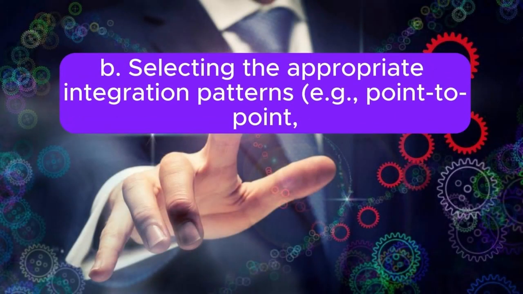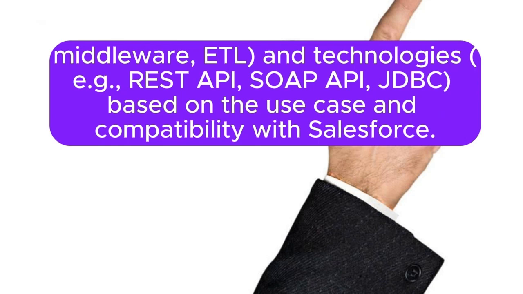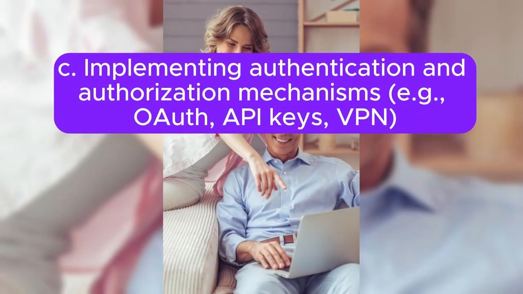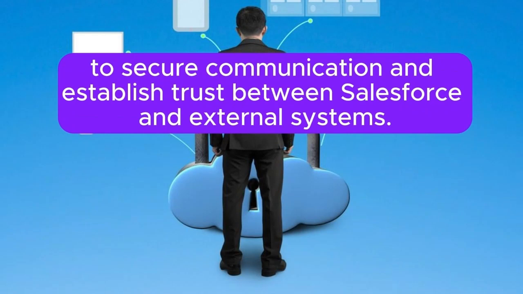B. Selecting the appropriate integration patterns, for example, point-to-point, middleware, and ETL, and technologies, for example, REST API, SOAP API, and JDBC, based on the use case and compatibility with Salesforce. C. Implementing authentication and authorization mechanisms, for example, OAuth, API keys, and VPN, to secure communication and establish trust between Salesforce and external systems.